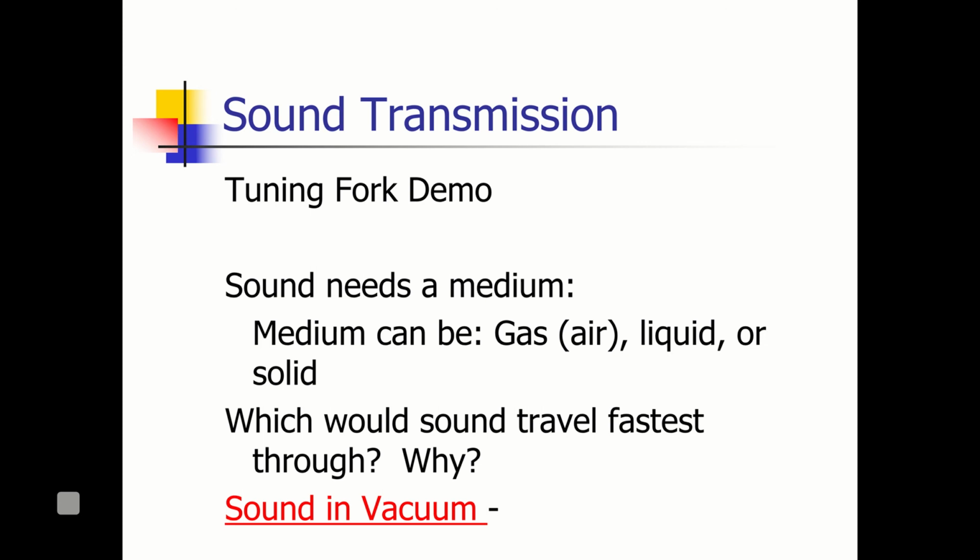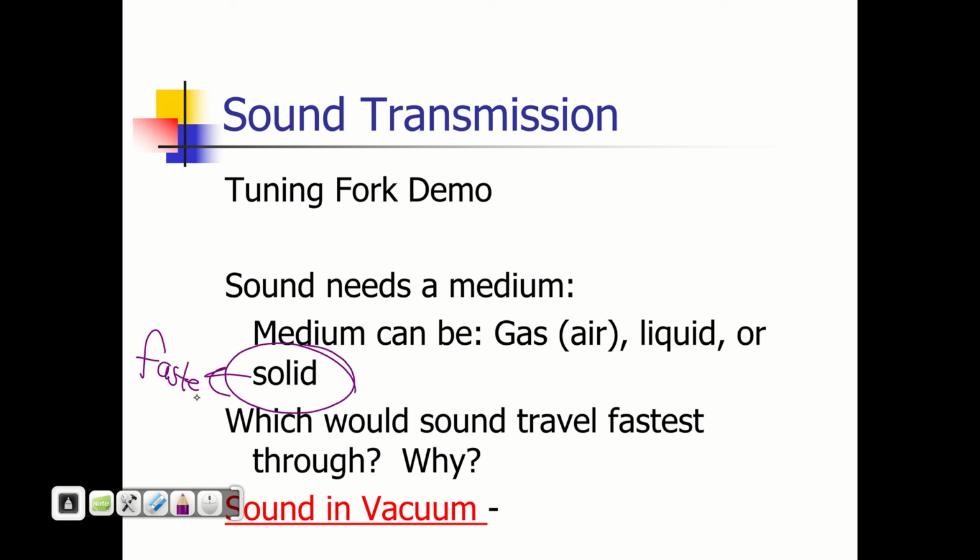When I say sound has to travel through a medium, okay, this medium can be gas, liquid, or solid. The thing is, sound will travel faster through one of these states of matter than the other ones. Which one? Solid is the one that sound travels fastest through. Why?